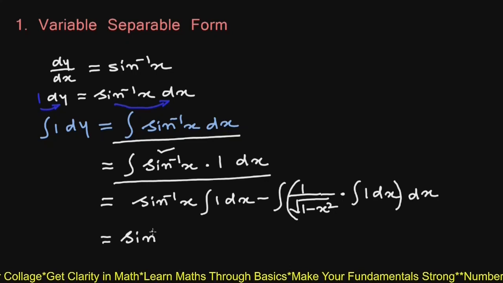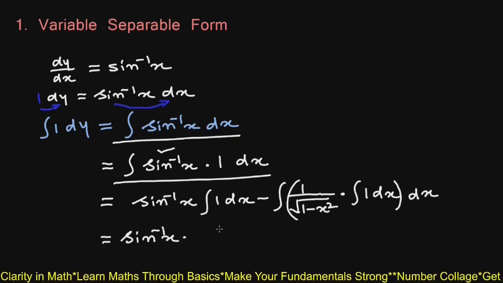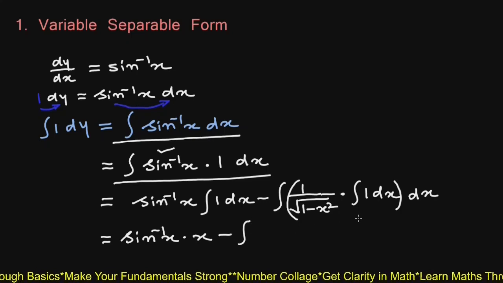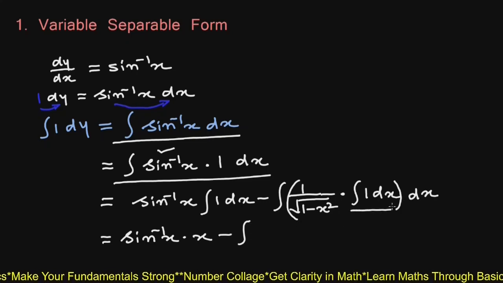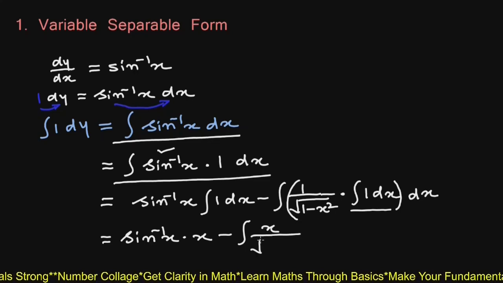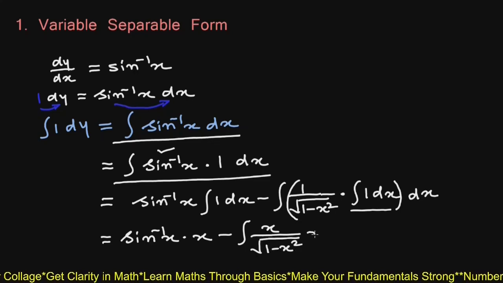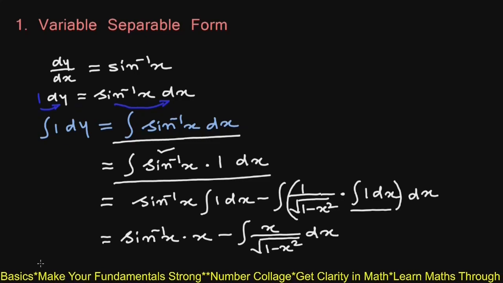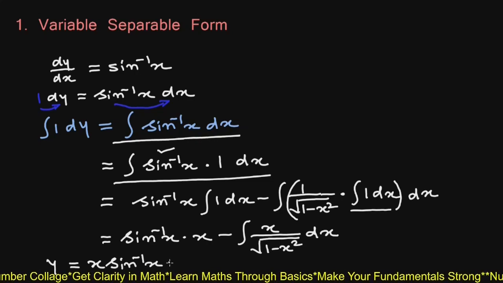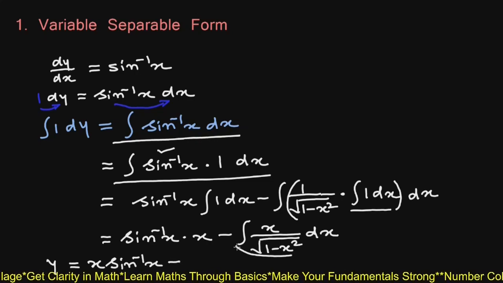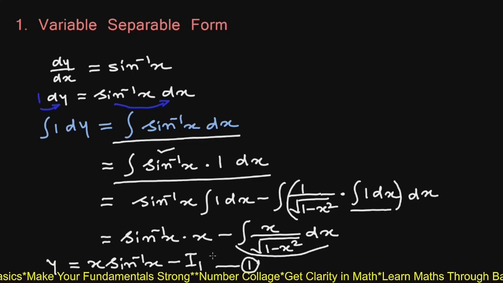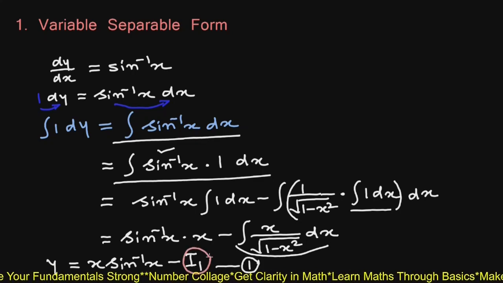This is sin inverse x into integral of 1 is x, minus integral of 1 dx is x. So this will be integral x upon under root 1 minus x square dx. Integral 1 dy is y, which equals x sin inverse x minus, we name this integral I1, we name this equation 1. We will solve this integral I1 separately.